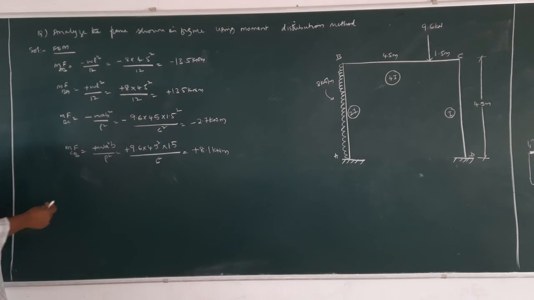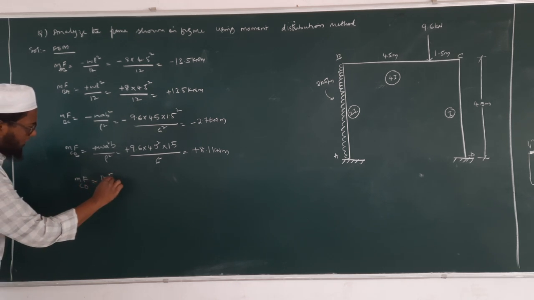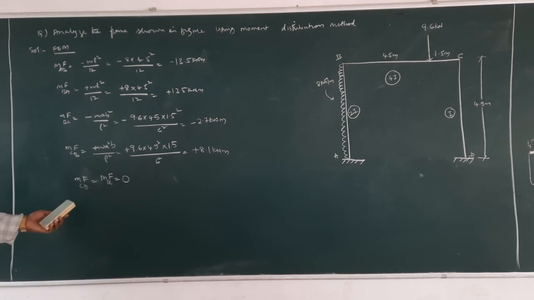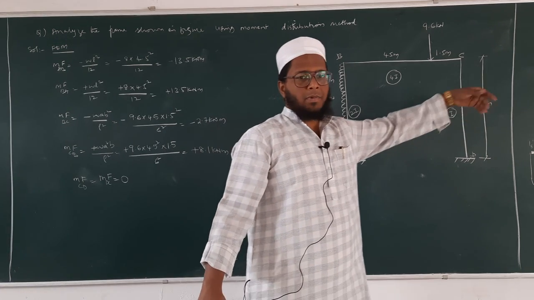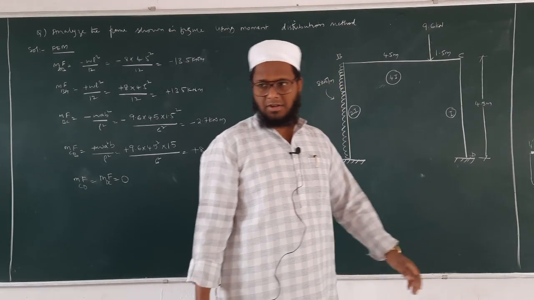What about MFCD and MFDC? They will be equal to 0. Why 0? There is no lateral loading, no load at all on that member, it is entirely open.